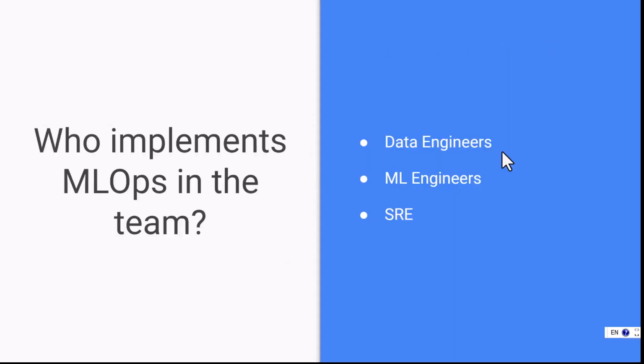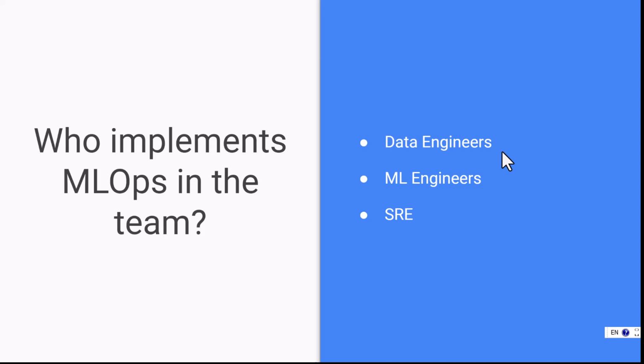And let's understand who implements MLOps in the team. Is it ML engineers? Is it data engineers? Is it site reliability engineers, data analysts? Actually, MLOps implementation involves setting up certain processes and systems, installing software, configuring infrastructure, cloud, all that. It is an investment you are making for the future of your data science project, so you will not have issues later.